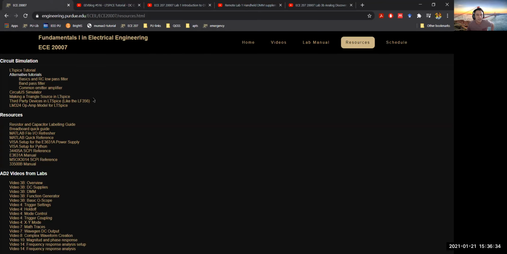And for those using the AD2 and building circuits or starting to build circuits, I will also point you to these two resources, the resistor and capacitor labeling guide. For now, just focus on resistor labeling and then the breadboard. So what is a breadboard?